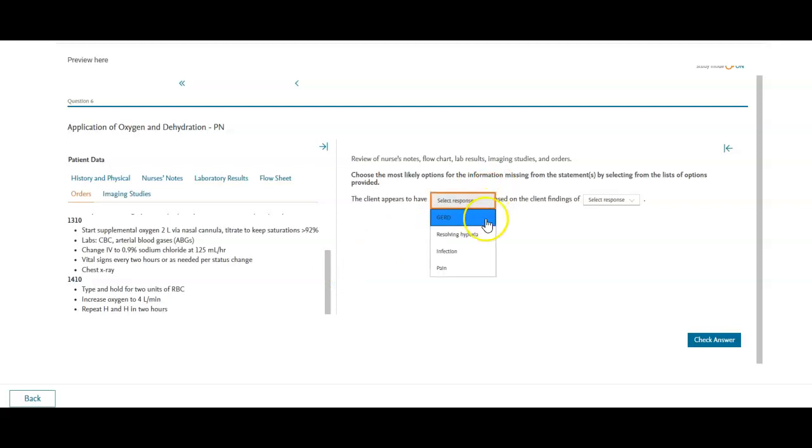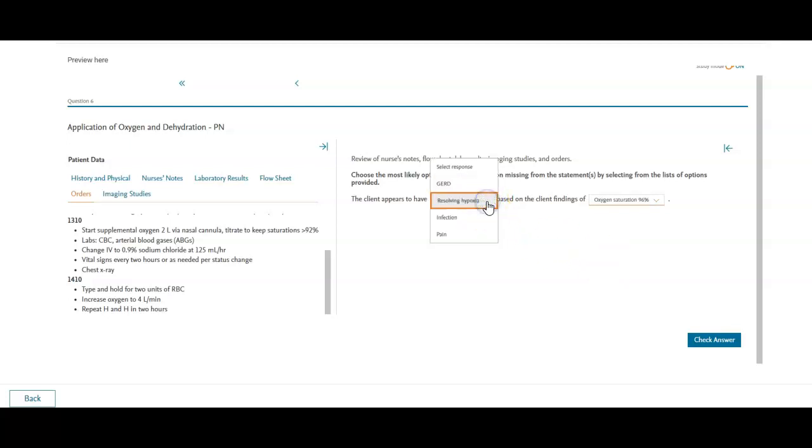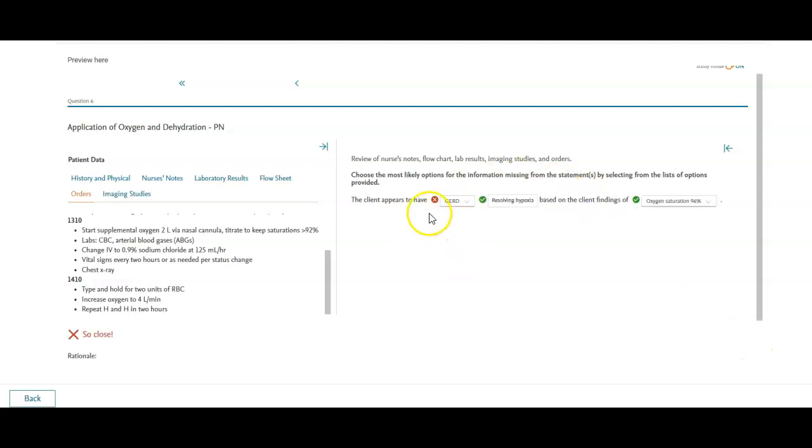Client appears to have, based on the findings of. So for me to get correct, like let's say I had picked GERD, I'm going to miss this answer. Even though I got the O2 sat of 96, these have to be related to get them correct. So in order to get points for this question, I had to have resolving hypoxia and O2 sat of 96%.